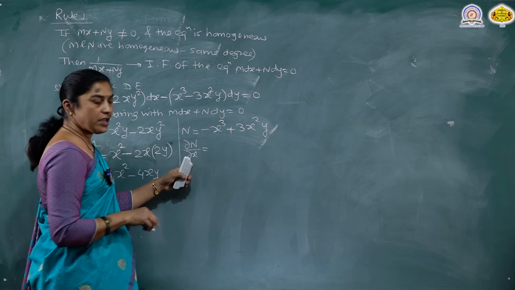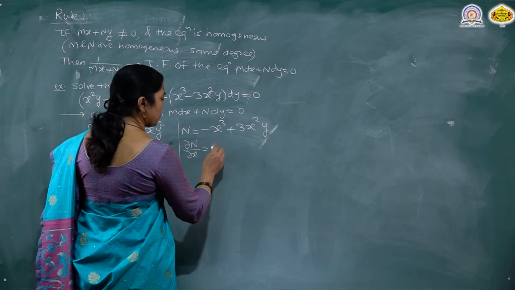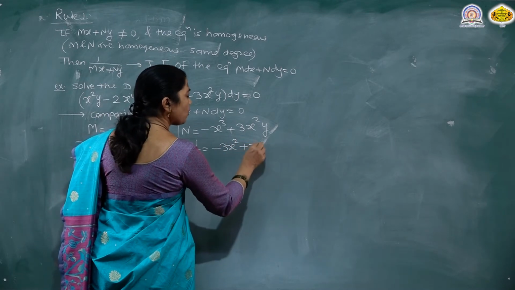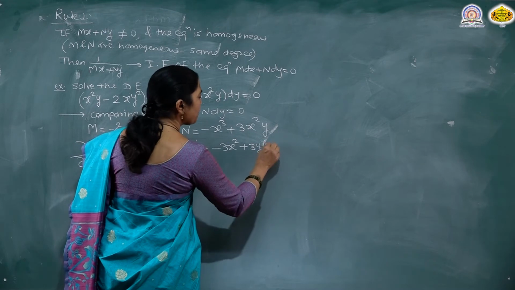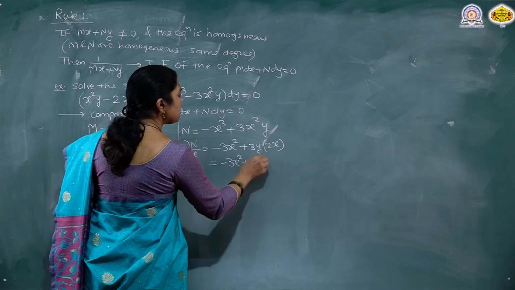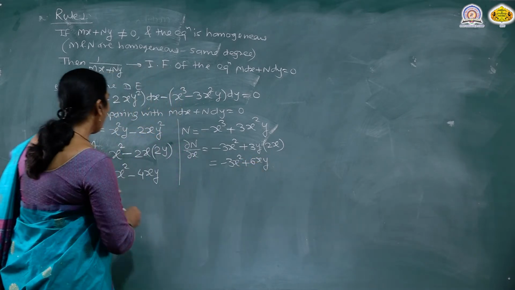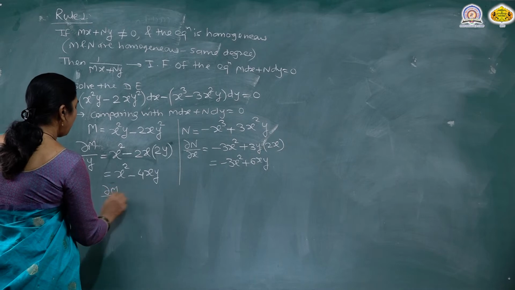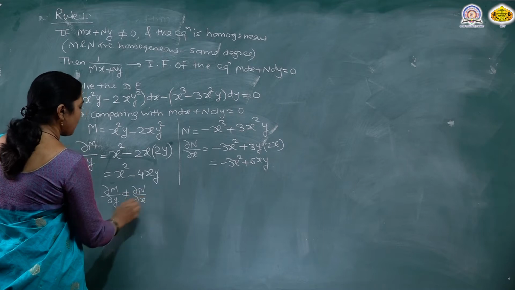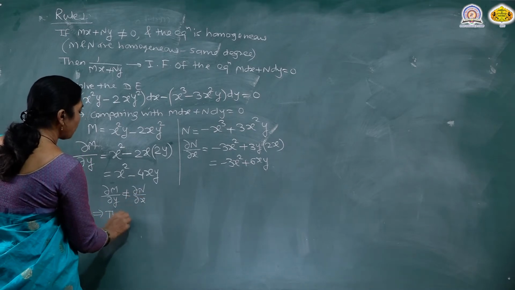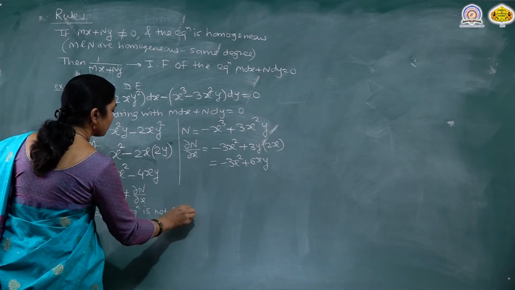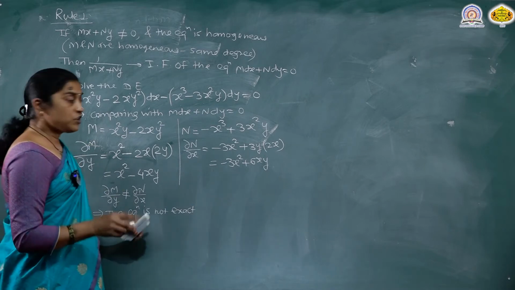Differentiate with respect to x, treating y constant: derivative of minus x³ is minus 3x², plus 3y times derivative of x², which is 2x. So it becomes minus 3x² plus 6xy. Observe that ∂M/∂y is not equal to ∂N/∂x, and therefore the equation is not exact.